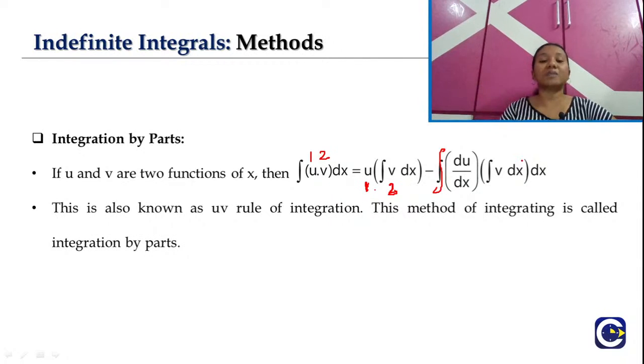Now here comes the catch. How will we decide which function is the first function and which is the second function amongst u and v? To decide this, there is a rule, that is ILATE.